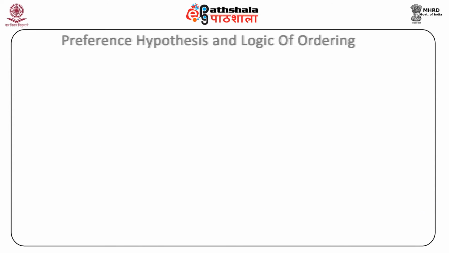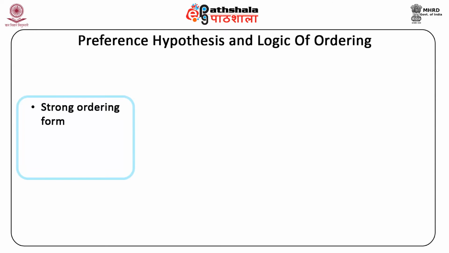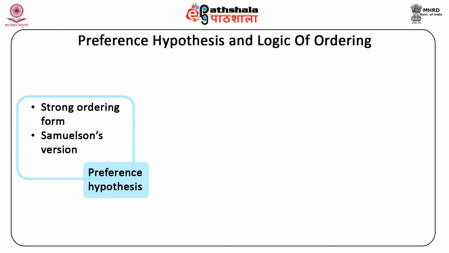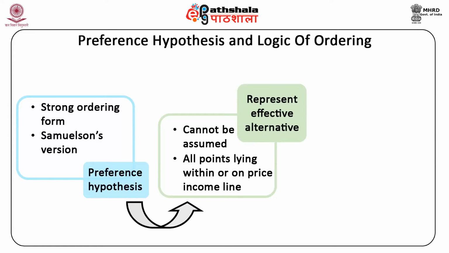Hicks criticized the logic of strong ordering on two grounds. First, under Samuelson's version of the preference hypothesis, it cannot be assumed that all the geometrical points which lie within or on the price-income line represent effective alternatives.